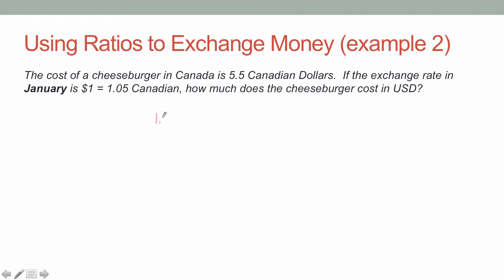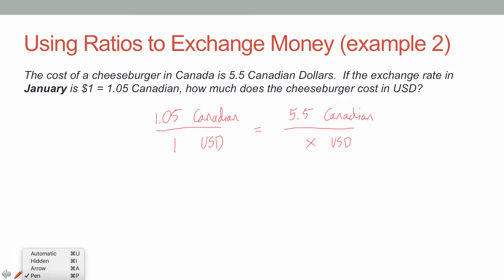So 1.05 Canadian to 1 US dollar. Notice they're actually pretty close to each other, right? And my hamburger costs 5.5 Canadian, and I want to compare it to X number of US dollars. There we go. We just set up our exchange rate.